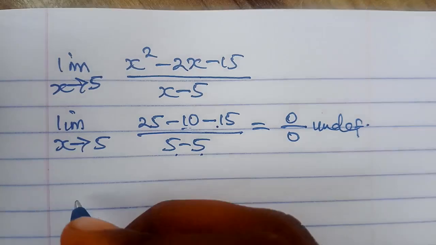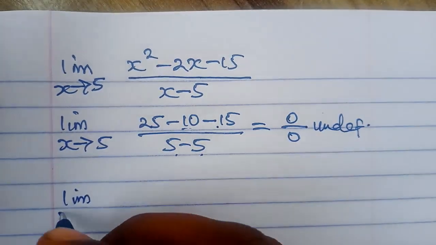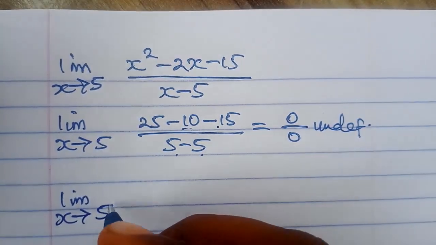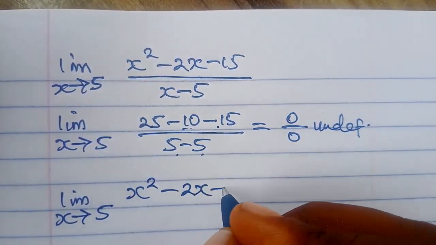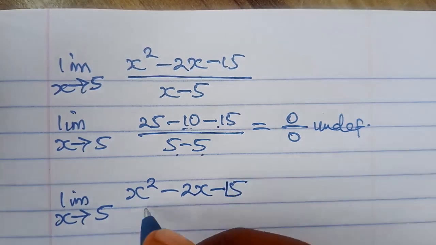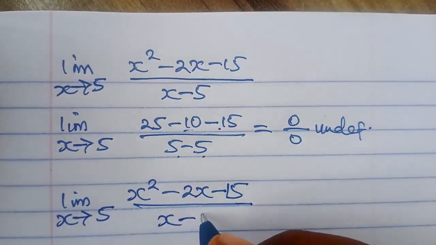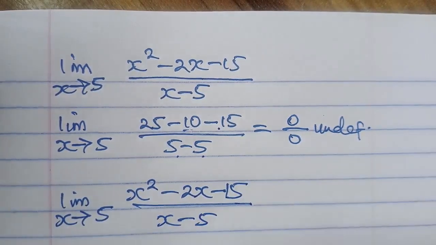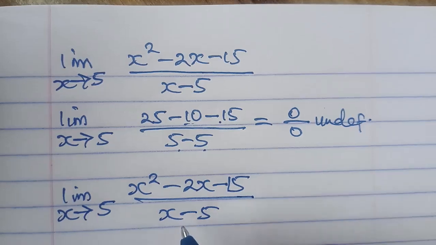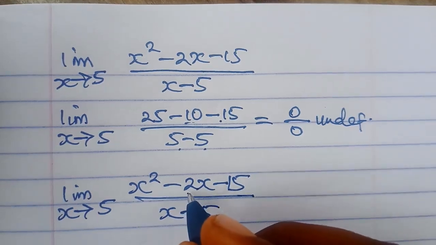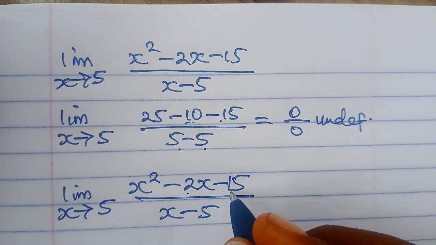So we can now factorize and say, let me rewrite the question, the limit as x approaches 5 of (x squared minus 2x minus 15) over (x minus 5). Now, the question here is, what are the two numbers that when we add them together, we're going to get negative 2, and when we multiply them, we're going to get negative 15?